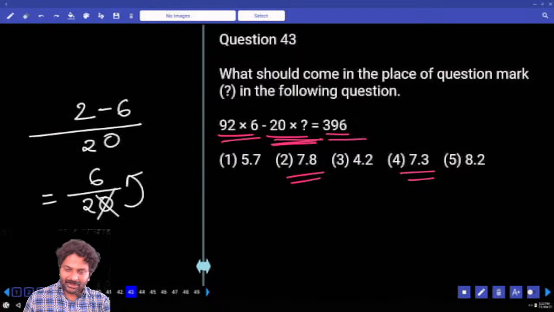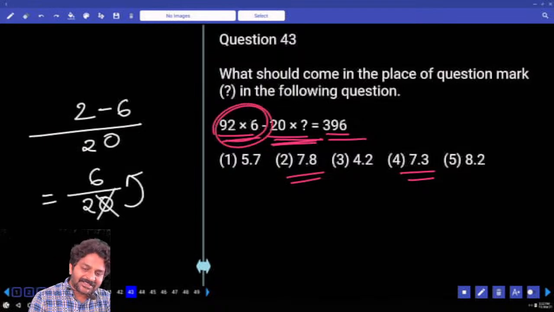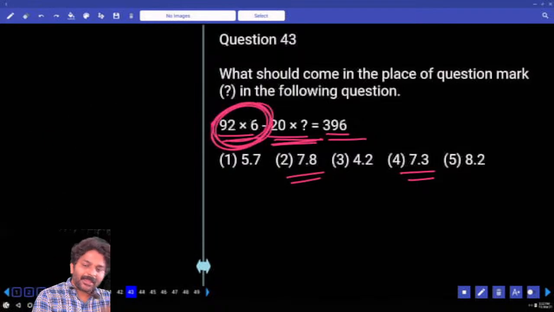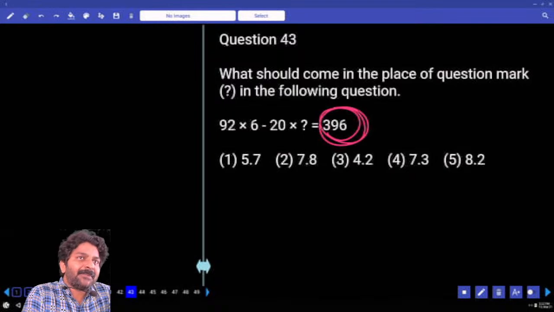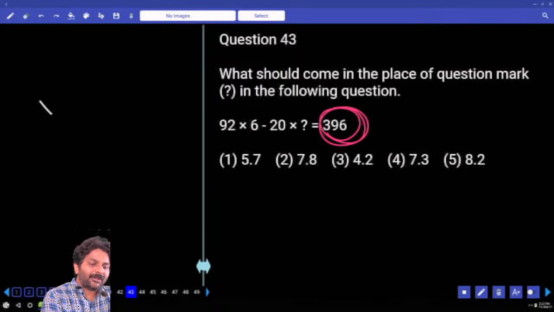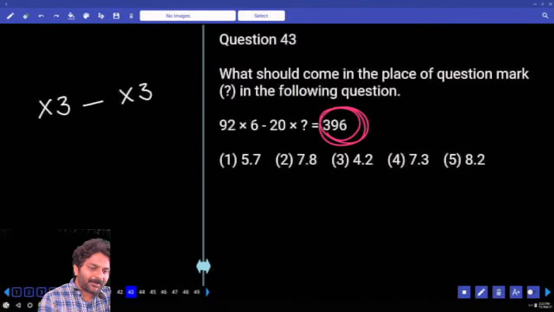Now let me see. Is this fellow 92 into 6 a 3 multiple? 6 undi kada. From that you need to subtract this number, right? Is it a 3 multiple? So your first number in the numerator is a 3 multiple, minus second number is also a 3 multiple, and the denominator you have 20.